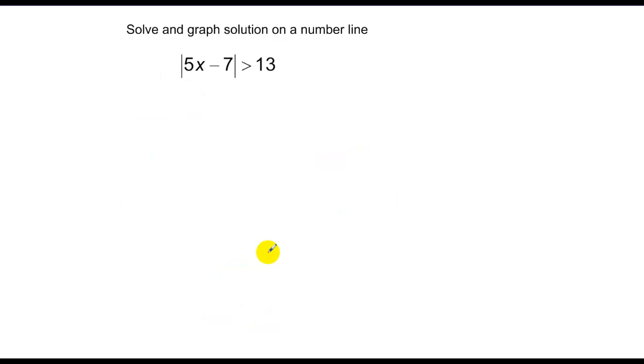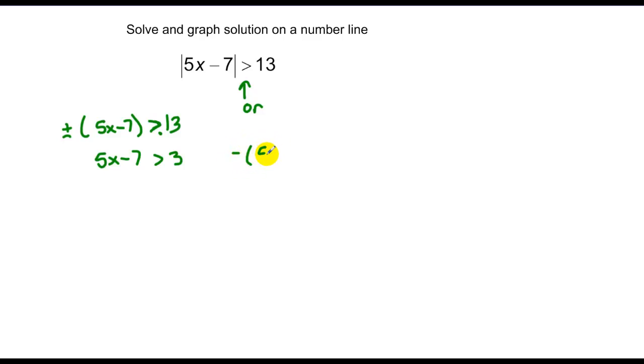Next, very similar problem, except in this case, a greater than problem. So this is an or. And I have plus or minus 5x minus 7 greater than 13. So I have 5x minus 7 greater than 13, or the opposite of 5x minus 7 greater than 13.